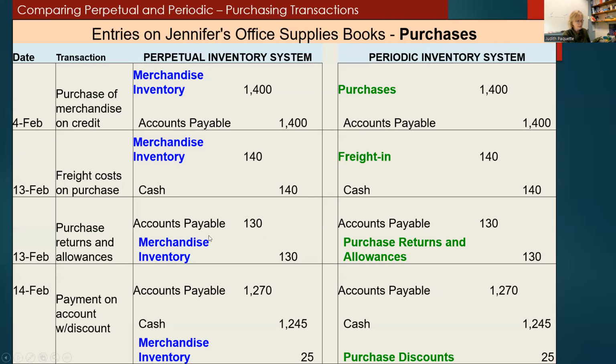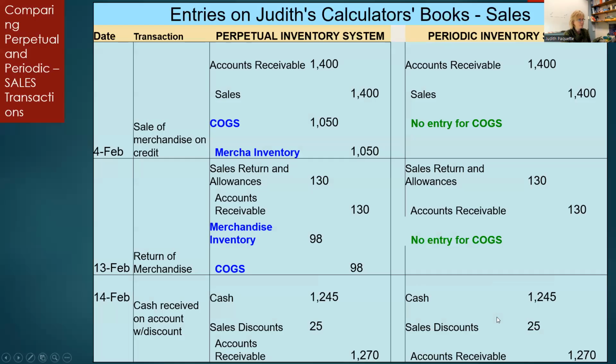Purchase returns, debit accounts payable, credit inventory. Periodic, debit accounts payable, credit purchase returns and allowances. And finally, paying the bill, crediting inventory for that discount. Over in the periodic, we credit purchase discounts. And then here's the selling transactions, showing them side by side.